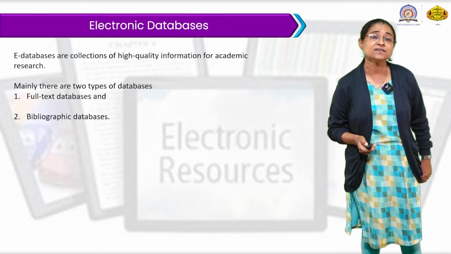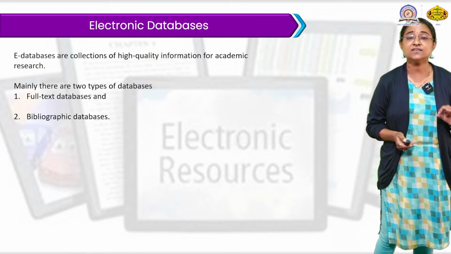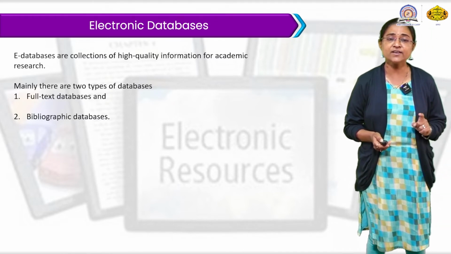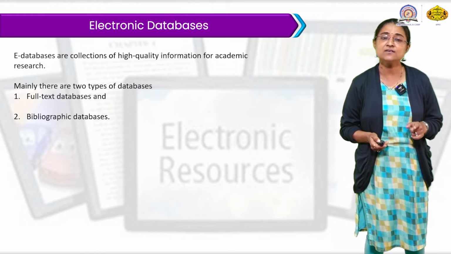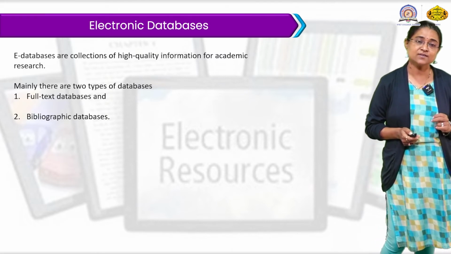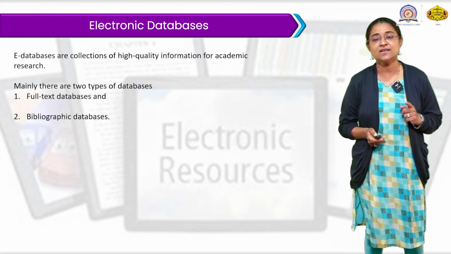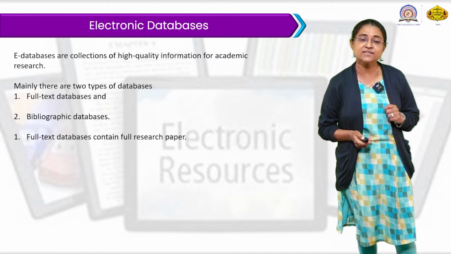Now comes electronic databases, the third form of e-resources. Electronic databases are collections of high quality information for academic research. Mainly there are two types of databases: one is the full text database and the other is the bibliographic database. What is a full text database?